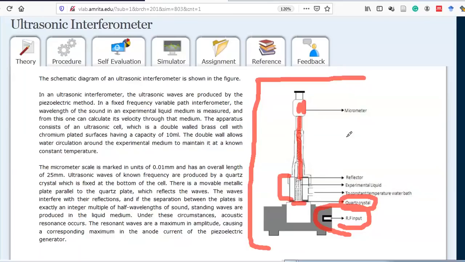If you change the micrometer, the reflector will move up and down, and accordingly you see the changes. All such changes that happen by rotating the micrometer, you need to record in observation tables. That's what your experiment is, right? I hope now it is clear what you need to do in this case.